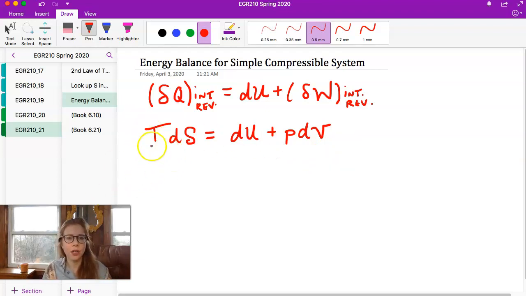Then let's substitute in enthalpy equal to U plus PV.